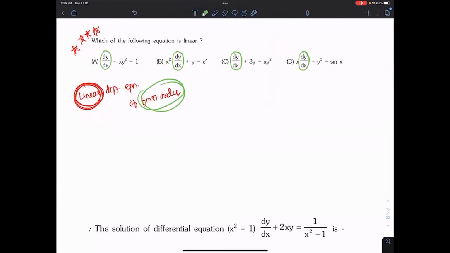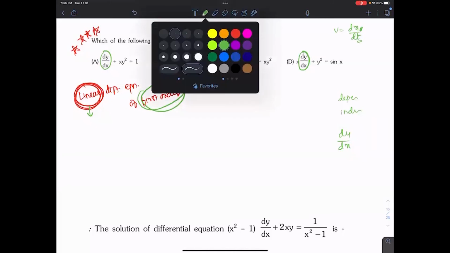Now linear means, what we mean is, there is something called dependent variable and independent variable, right? For example, dy by dx is there. For example, what is velocity? dx by dt, correct? You can't control time, but displacement is something which you can control. Time will go on, but how you accelerate a vehicle, you are controlling how much it is traveling.